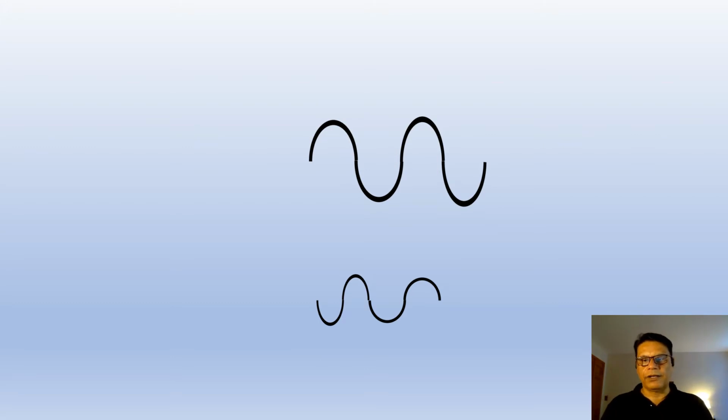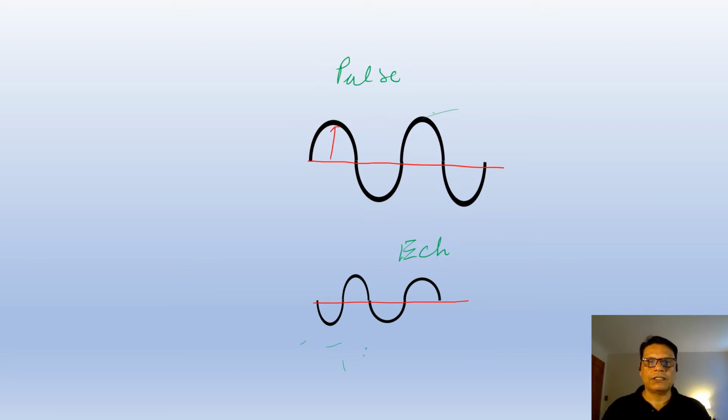Let's make an analogy of these pulses and echo. So here we have a pulse, and here we have an echo, and you can see the difference between this pulse and this echo. This pulse is large and this pulse is small.